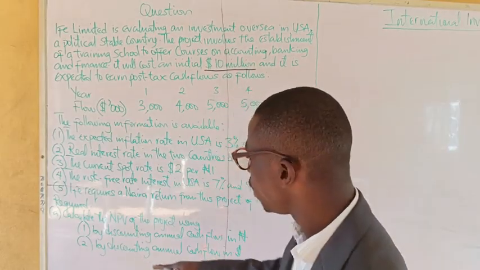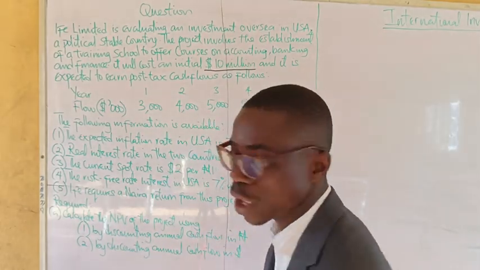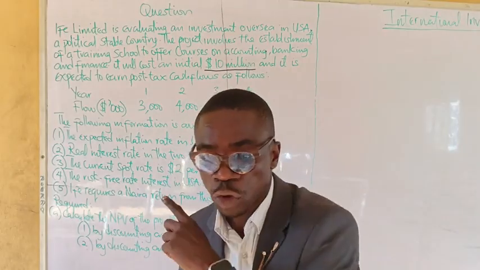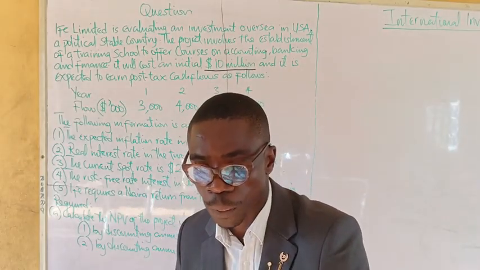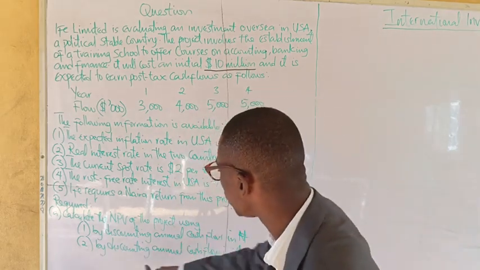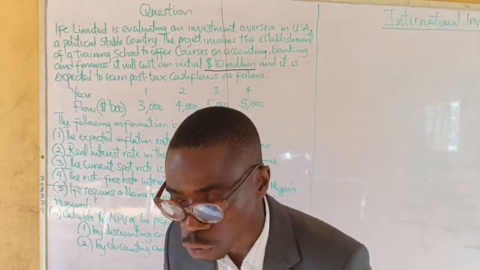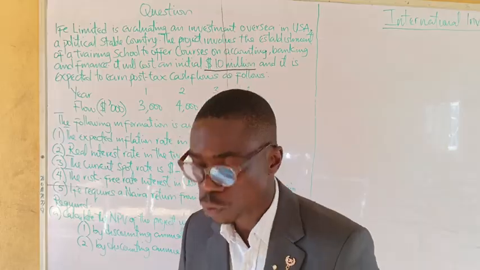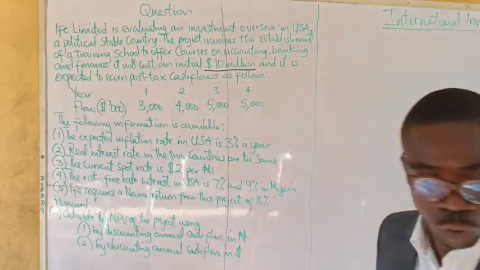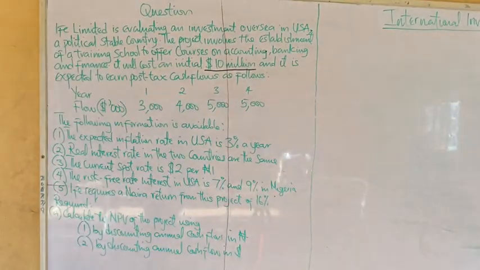So by discounting the annual cash flow in naira, which method are they asking us to use? Method 2. By discounting the annual cash flow in dollars, which method? Method 1. Thank you. So let's do method 2 now. Am I communicating? So let's solve.